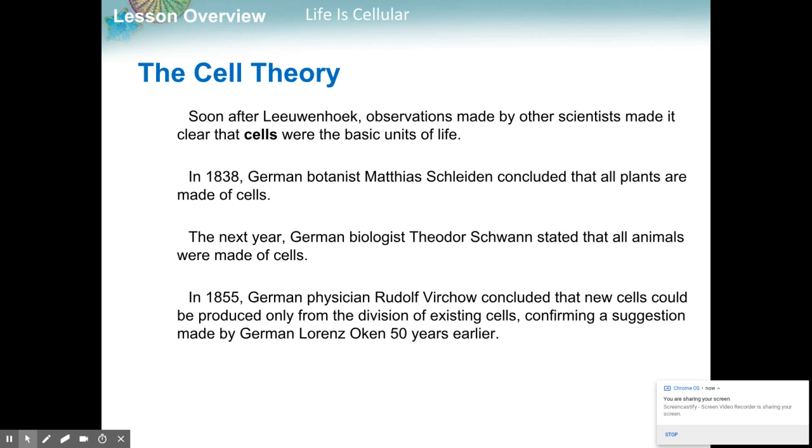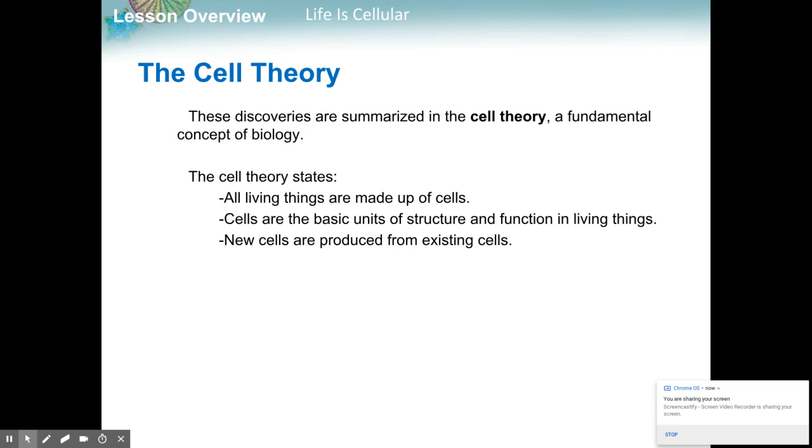But this idea had actually been around for about 50 years by a man named Lorenz Oken, who was also a German. These discoveries are summarized in the cell theory that we've already talked about. And remember these 3 things right here. All living things are made up of cells. Cells are the basic units of structure and function of living things, and new cells come from existing cells.